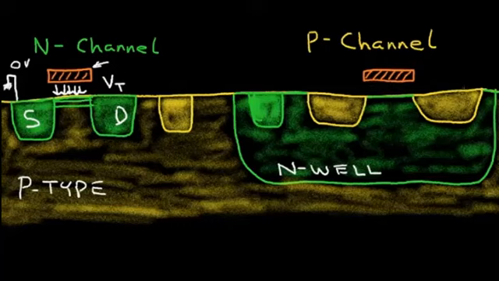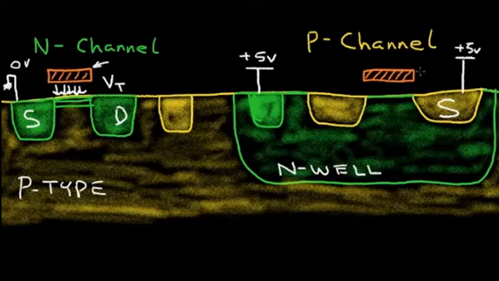So instead of having the source at ground, we're going to have the source at a high voltage. We're going to have this at plus 5 volts. And we're going to have the N well also at plus 5 volts. So our source to N well diode does not become forward biased.